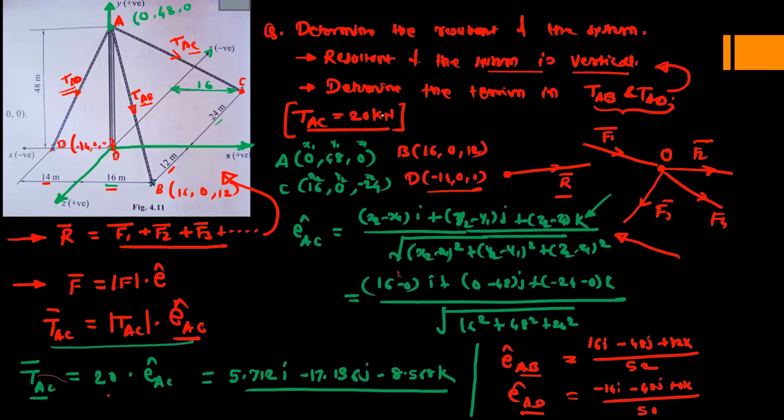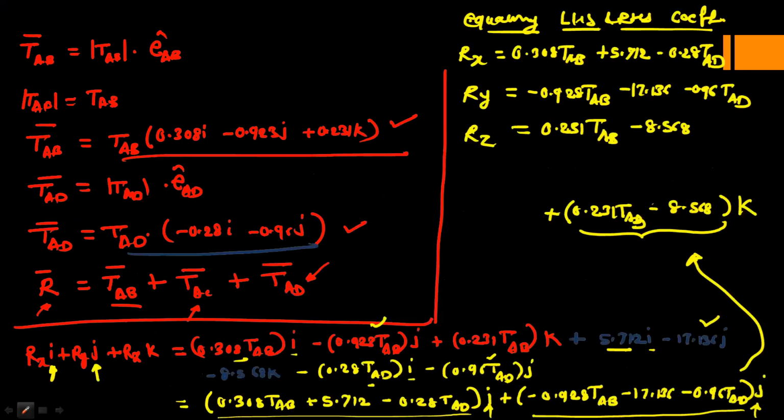Now refer to the given problem. One condition is given: the resultant of the system is vertical. It means that the resultant may be vertically upward, that is along y direction, or vertically downward. So when the resultant is vertical, its remaining two components will be zero. So its x component and z component are zero.